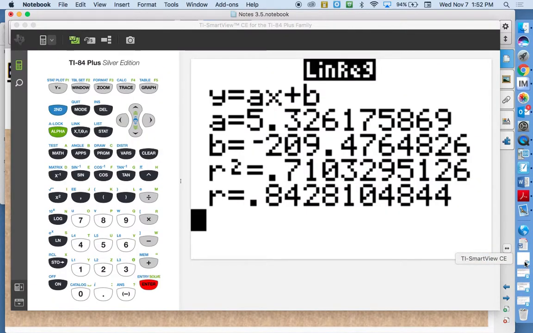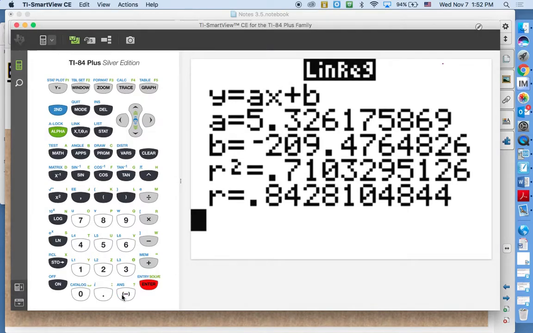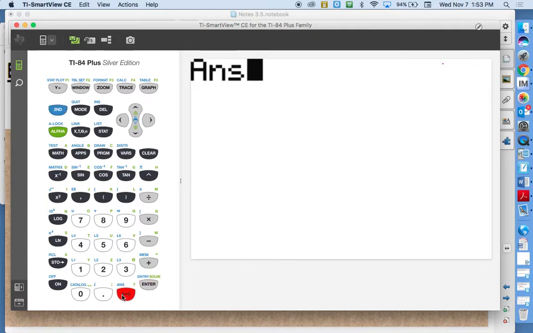If you have a whole answer that you want to use in your calculator and it says not to round, if you use second and then the minus sign, it pulls that previous answer into your problem. So if you want to calculate e to the 0.085 times 25, it shows up like this. It's pulling your entire answer from the previous step into the next step of your calculator.